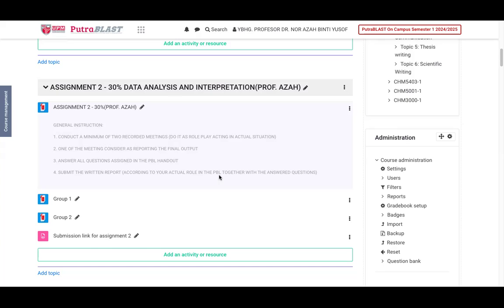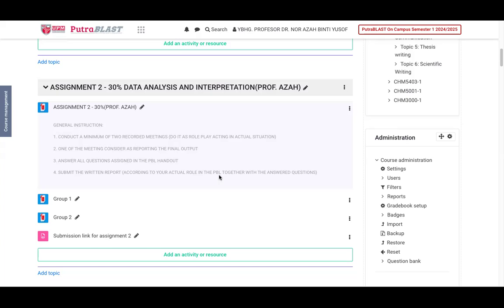One of the outcomes has to be communication skill, collaboration skill, presentation skills. We cannot evaluate those skills just from answering questions or writing reports, but we have to observe your skills. That's why you have to record the meetings.